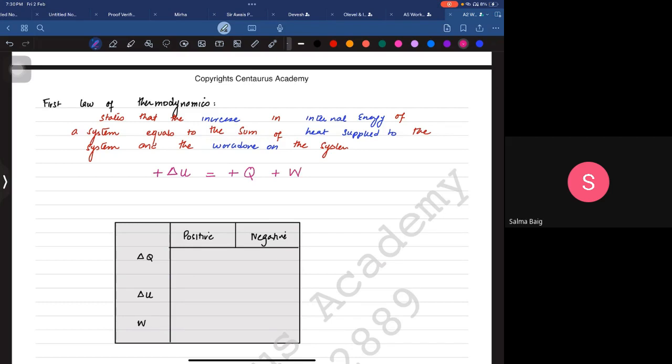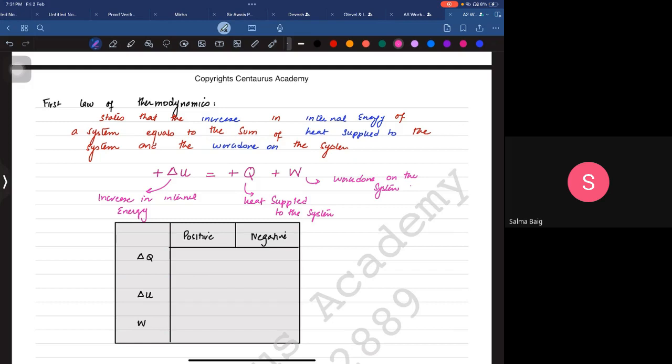So let's talk about it. This is the increase in internal energy, this would be the heat supplied to the system, and that would be the work done on the system.